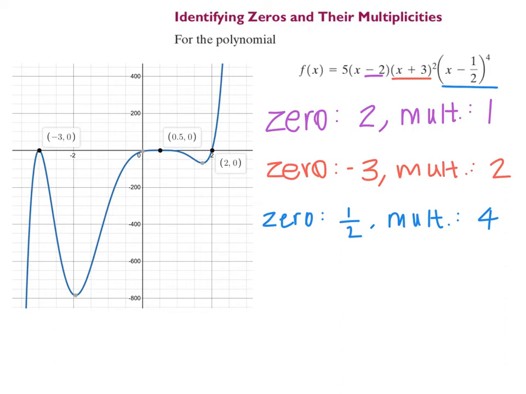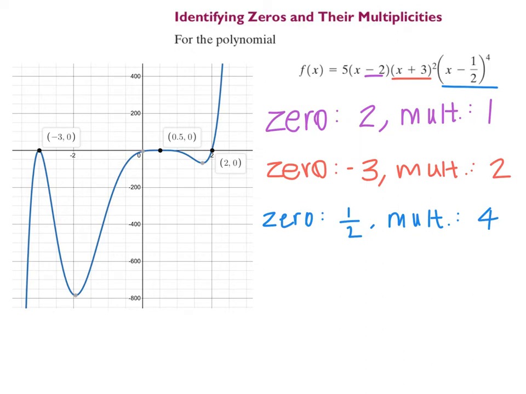And then our last factor is x minus 1/2. Change the sign. My zero is 1/2, and it has a multiplicity of 4. So that's even. That means it's going to bounce or touch the x-axis. So here's 1/2. And the multiplicity is high, 4 may or may not be high, depending on your experience.